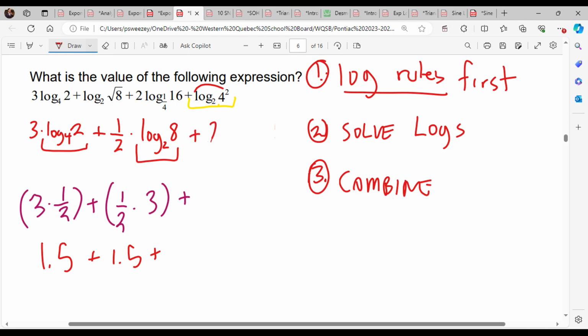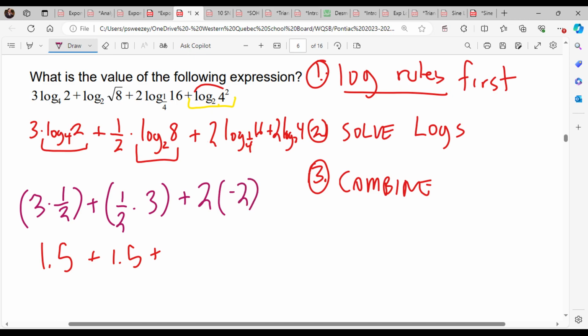Oh yeah, because that one I didn't need to do anything to, but we'll say log base 1/4 of 16, and then plus 2 log base 2 of 4. So this one would end up becoming, what was the exponent on this one? 1/4 to the what is 16? What exponent would I need to take 1/4 to get me 16? -2, perfect.